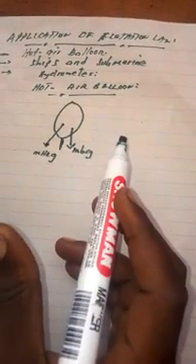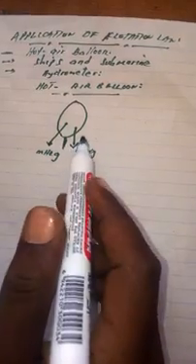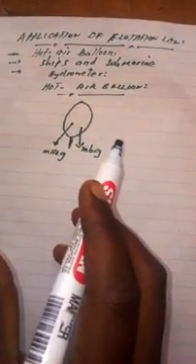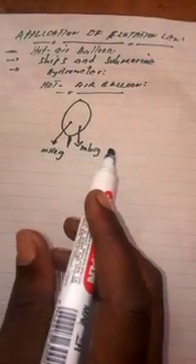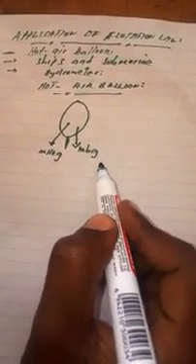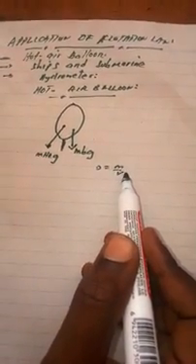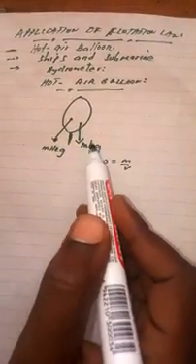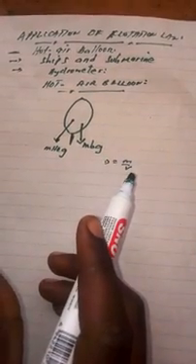As the balloon expands, its volume also increases. As the volume increases, the density becomes low. Remember, density is mass divided by volume. So if you increase the volume, you automatically reduce the density. So the density inside the hot air balloon is now very small.